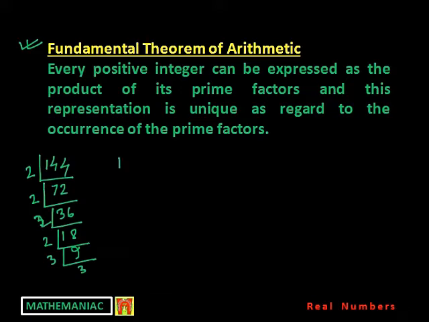But anyway, I'll be discussing that. Before I proceed, let us see how many 2's there are. There are 4 2's. If you write it like this, you will write 2 multiplied 4 times, then 3 multiplied 2 times, and ultimately this will be here like this.